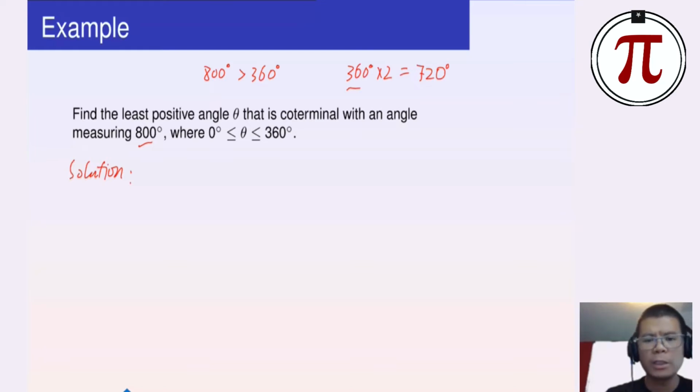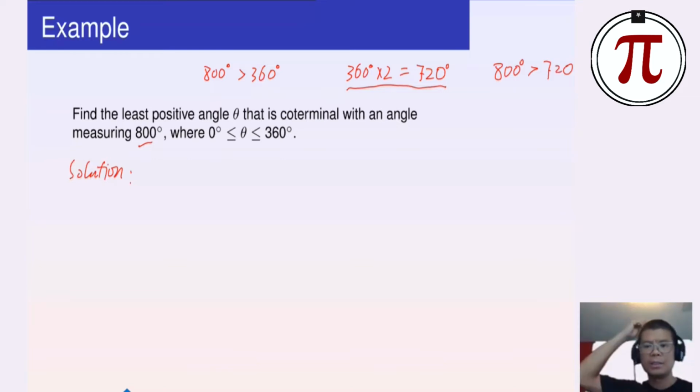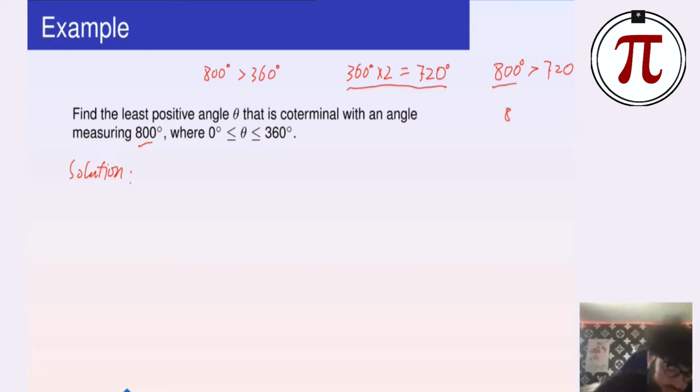Now, after 2 full rotations, I still have 800 greater than 720, right? Can I go another full rotation? No, I don't need that much, because after 2 full rotations, we only have remaining 800 minus 720, that's 80 degrees, right?